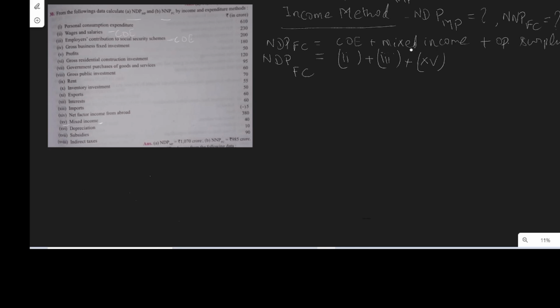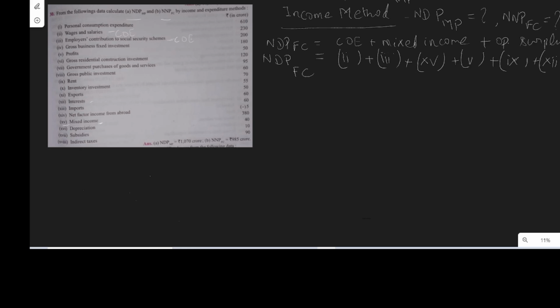So first I am writing profit, that is fifth one. Then rent is also there, that is ninth one. After rent, interest is also given, that is 12th one. And no royalty is given. So in this way, all the things have been written.